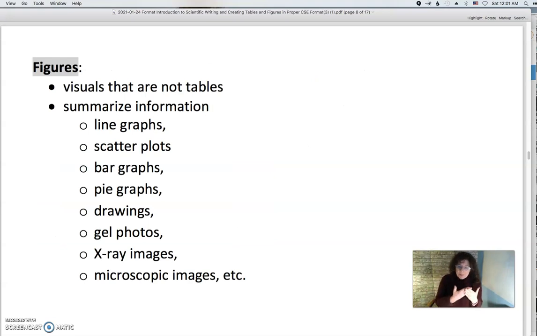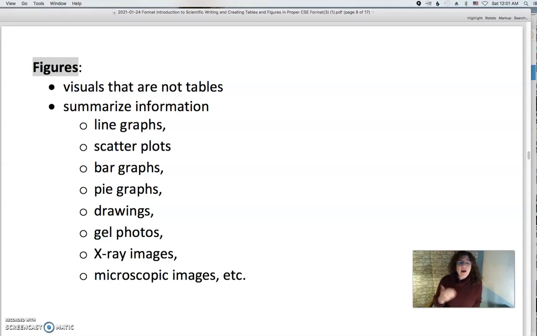These line graphs and bar graphs that we're going to talk about are visuals that present data very quickly, so you see it right off and you recognize the trends. They are not appropriate for tables which contain a lot more numbers. The figures are the visuals that help.